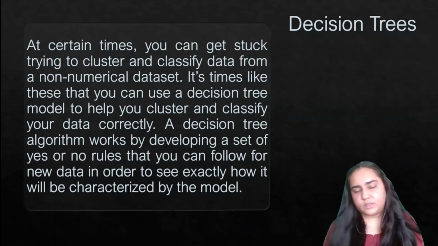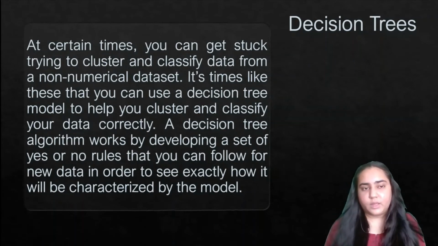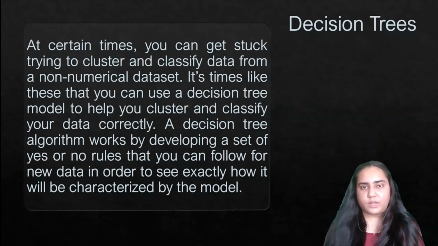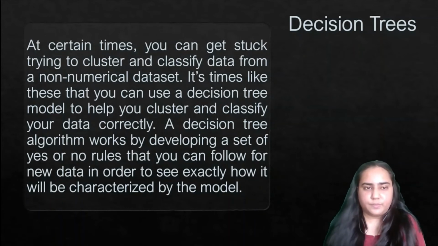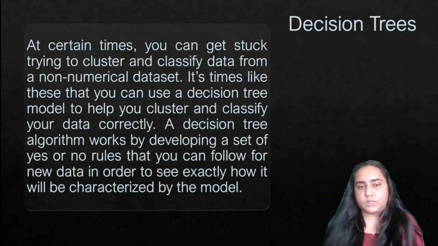Non-numerical means data which does not contain numbers but rather contains alphabets, characters like true or false values, or classifying something into high, low, medium, those kinds of things. In times like these, you can use a decision tree model to help you cluster and classify your data correctly.